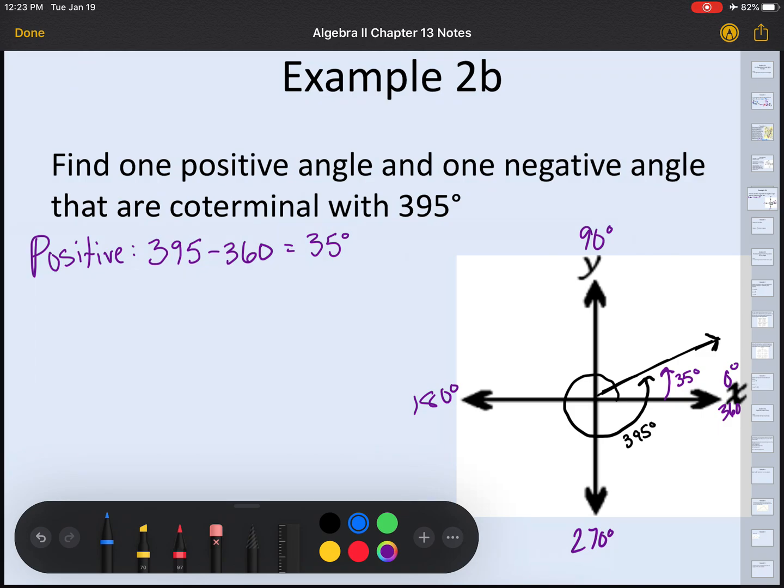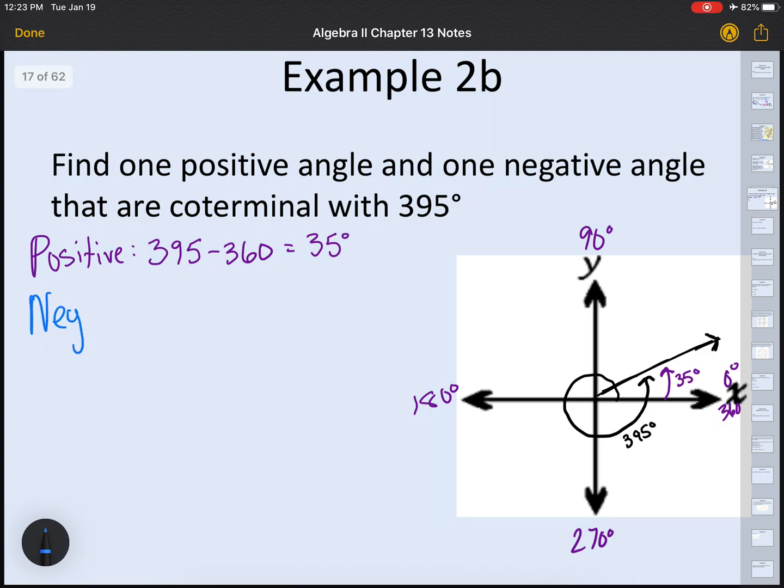And now to get a negative one out of that. So we already subtracted one 360 and got still positive. So basically we need to subtract 2 more 360s. So 395 minus 2 360s, and we end up with negative 325 degrees.